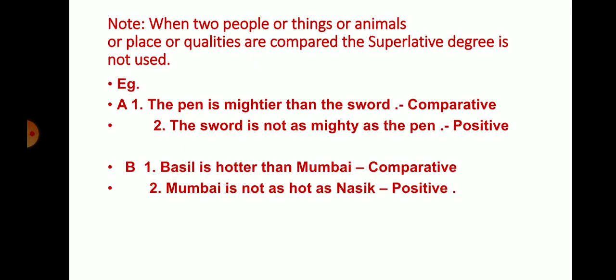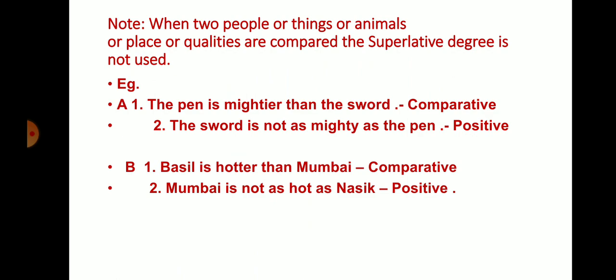Very important: when two people, things, animals, places or qualities are compared, the superlative degree is not used. So when you are comparing two animals or things, we don't use the superlative degree. The pen is mightier than the sword, it is comparative. We are comparing here. The sword is not as mighty as the pen, so here it is positive.